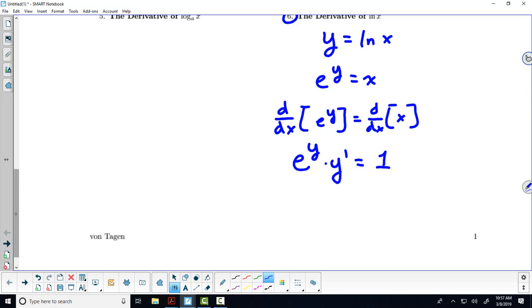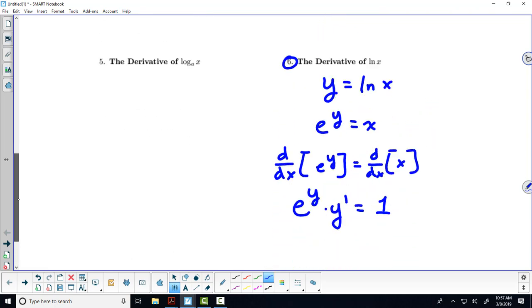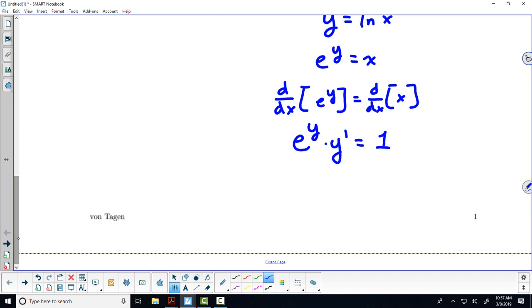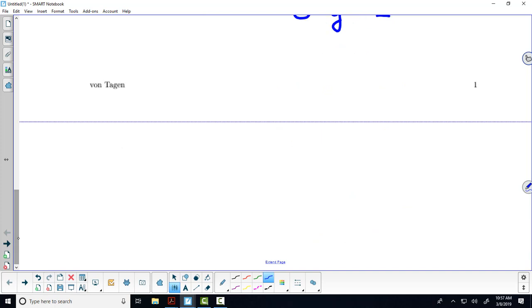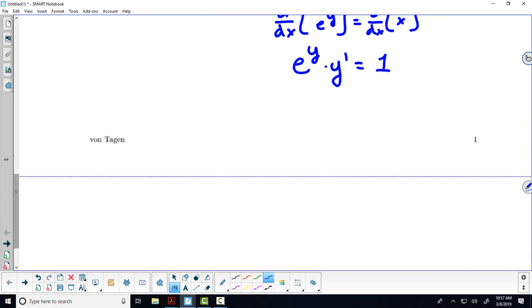What are we trying to find? We're trying to find the derivative of y, so let's go ahead and solve for y prime. Solving for y prime, we get y prime is equal to 1 over e to the y. That's nice, but our original function was a function of x. So now what I'd like to do is back substitute what y was taking the place of.